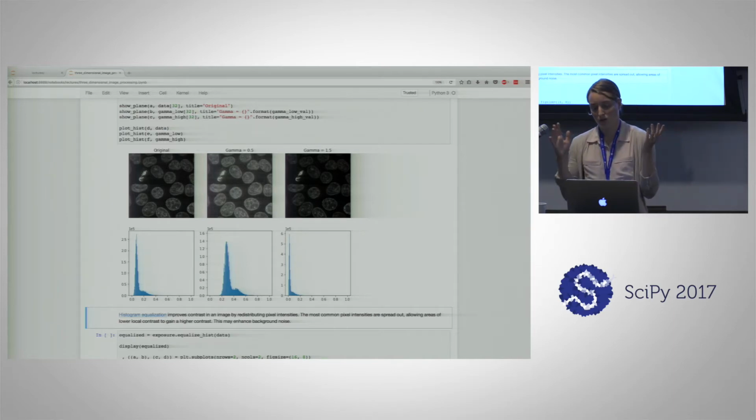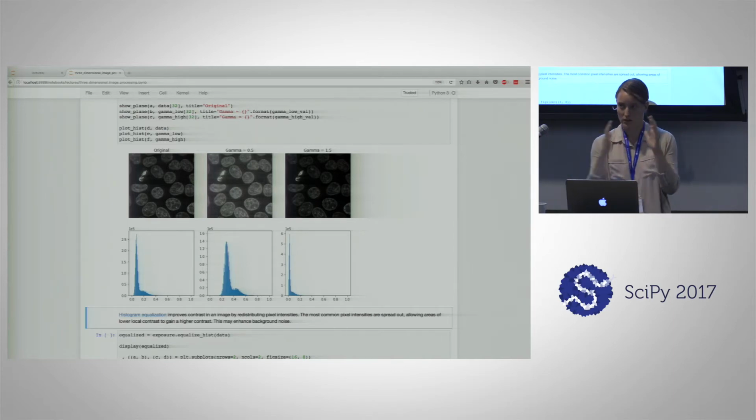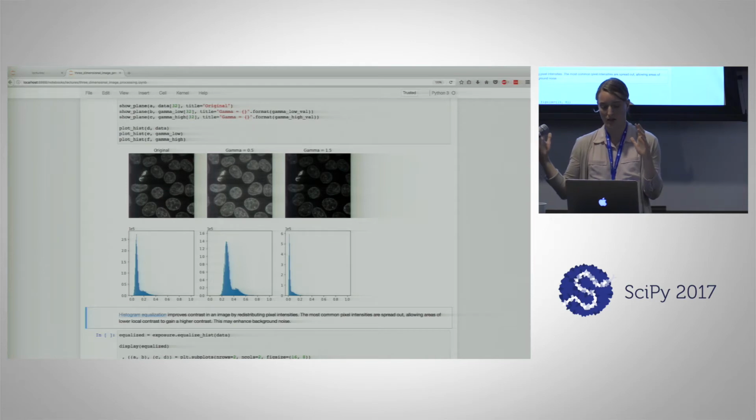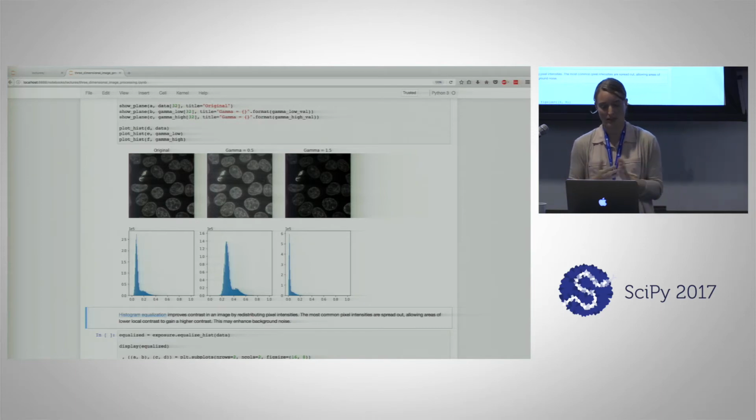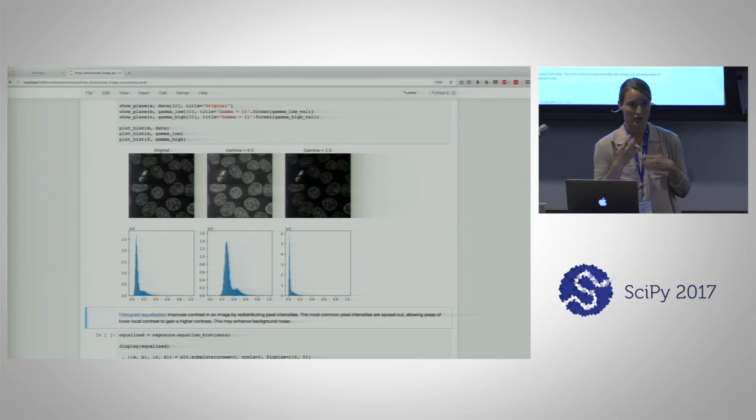When we applied gamma correction of 0.5, we shifted that entire histogram towards the center, or towards 1, but the distribution has been kept the same. The cells in the image appear brighter, although there is some increased background noise where those pixels were enhanced. The gamma of 1.5 shoved everything towards 0, and we've darkened the overall image and lost a lot of the structure of it.